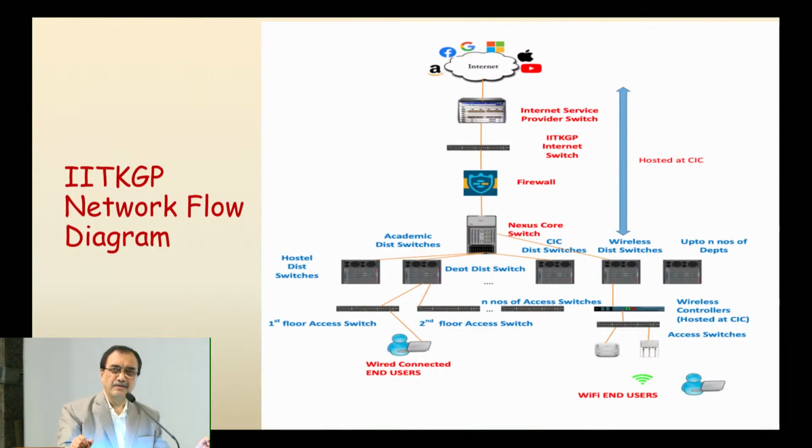So this actually provides wireless connectivity for many of the main areas of the campus. I won't say that it is covering 100%. It's never possible. It's a huge campus, 2,100 acres. But in the main areas, the hostel areas, tech market, our academic areas, everywhere you will find that it has been covered.